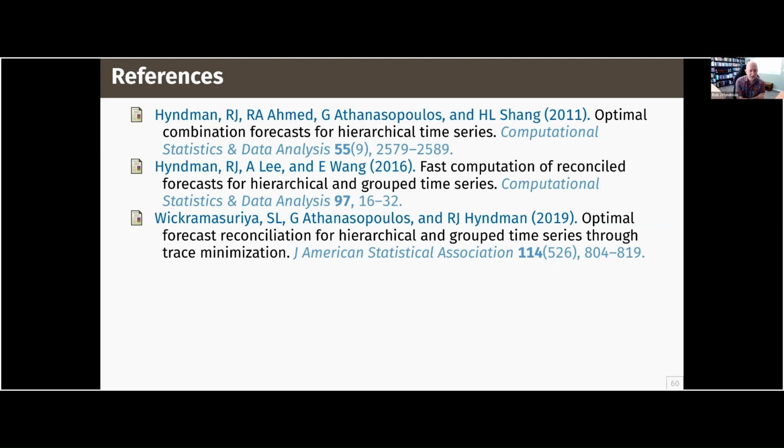Savandi's asking, can you parallelize individual forecasts using Fable or the forecast package? Is the functionality for this inbuilt in the R packages? That's a good question. We do have some parallelization built in. I'm not sure that it's built into doing forecasts individually within this reconciliation step. I'll have to come back to you on that. There is some parallelization built in to both Fable and the forecast package.